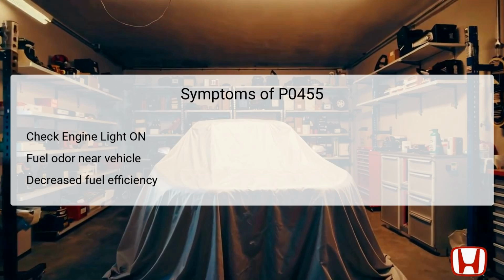Problems in the system can escalate, resulting in higher emissions and potential failure to pass emissions tests. Therefore, recognizing these symptoms early can help in preventing further complications down the line. Promptly addressing the issues can also ensure minimized environmental impact.